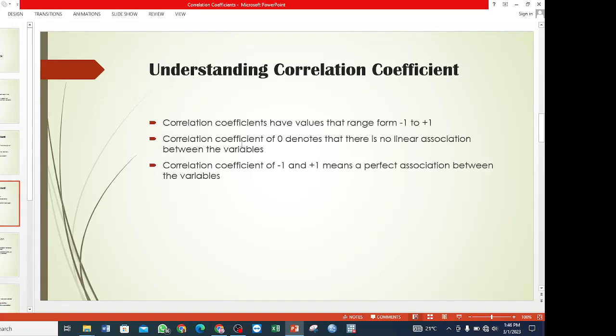And when you run your correlation analysis, the value of the correlation coefficients that you get usually range between -1 and +1. So you can either get values that are negative but cannot go beyond -1, and values that are positive up to +1.